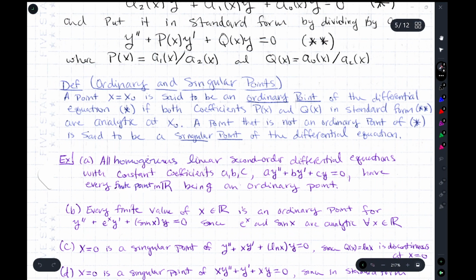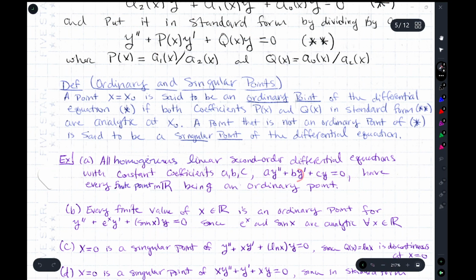So some examples: all homogeneous linear second order differential equations with constant coefficients have every finite point in R being an ordinary point. And we say finite because some people include infinity as a point. We're not doing that. So every point on the real line is an ordinary point of this. Why?